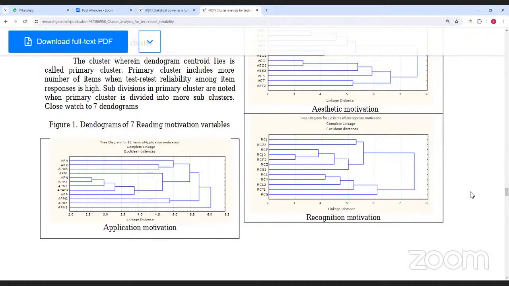That means they are not following the systematic relationship. These are the extrinsic motivation factors. So the test-retest reliability is also very poor with respect to the extrinsic motivation. But if it is intrinsic motivation, then the test-retest reliability is high. So that is the interesting observation of this study.